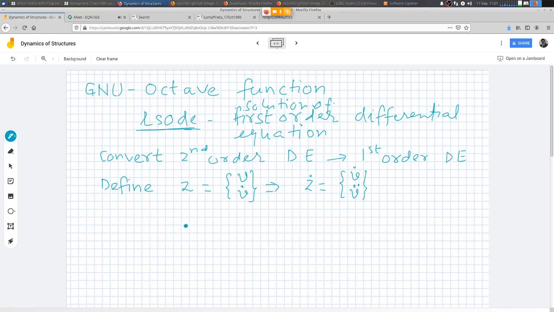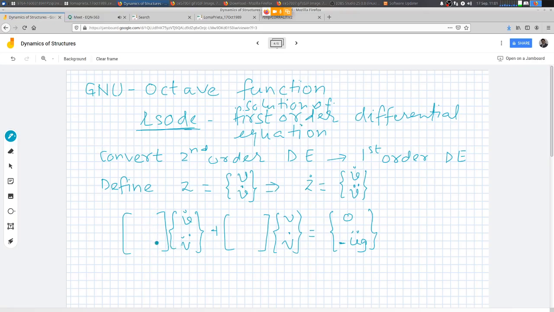So then I can write this equation, v dot, v double dot plus, let us say, v and v dot is equal to, let's say, 0 and minus ug double dot, and there would be some 2 by 2 matrix here.